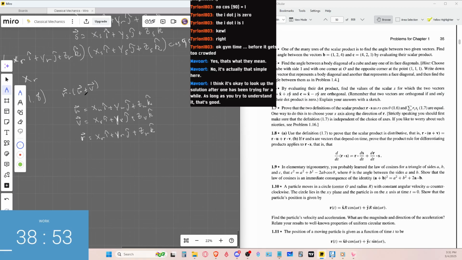Okay, so it's the dot product of these two vectors together. So if we add those two vectors together, I'm not going to rewrite those vectors, I'm just going to put a plus sign next to them. That way it doesn't crowd too much. And then the dot product of r, so then it will be times.